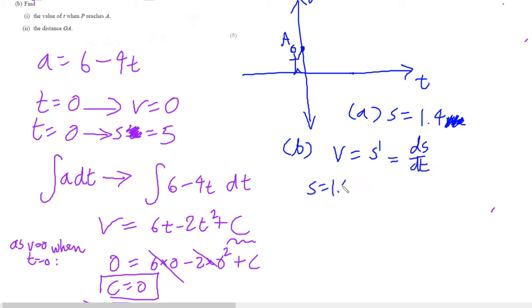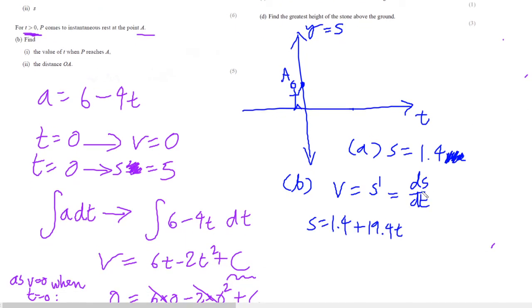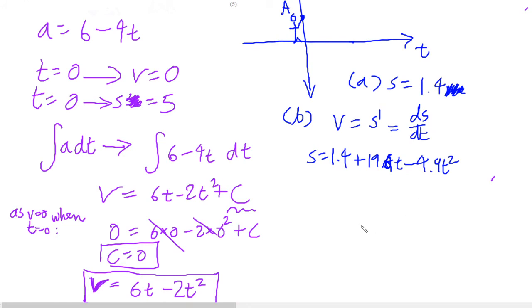If s is equal to 1.4 plus 19.6t minus 4.9t squared, then we can differentiate this with respect to t using the power rule because this is a polynomial. 1.4 is a constant, so it's eliminated. 19.6t is the linear term, so we take the coefficient, 19.6, then minus 4.9t squared. Bring the 2 down, we get minus 9.8t.